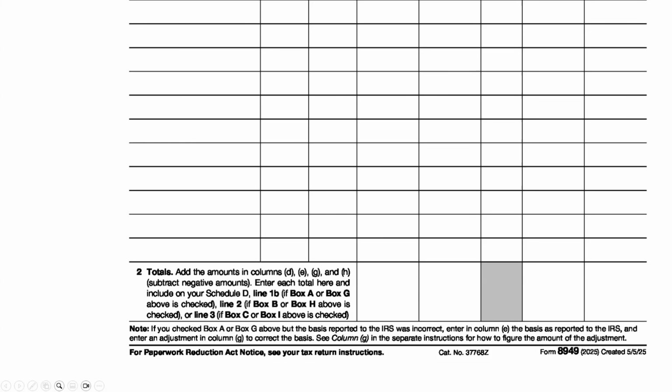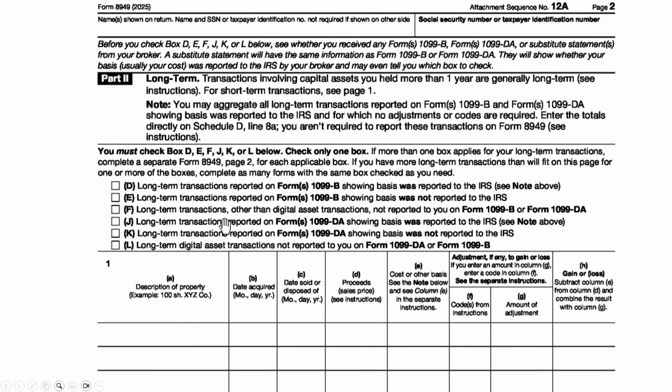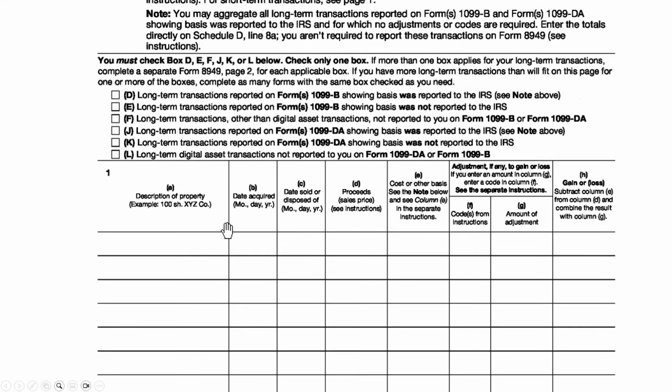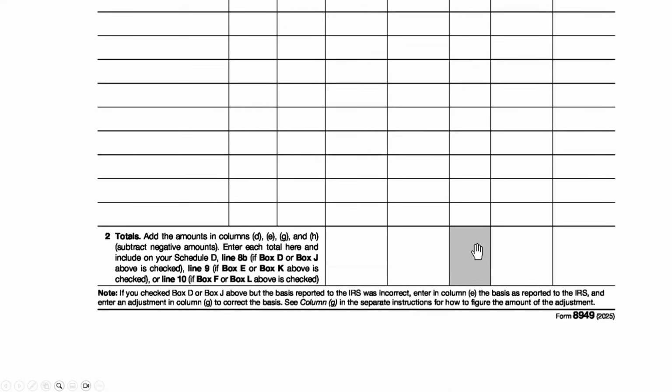Then you'll go to page 2, which shows your long-term gains or losses. So you're going to have the same boxes here, except that it's for long-term transactions instead of short-term transactions. Once again, you're only going to check one box. Then you are again going to show all of the same things: the description of the property, the dates, the amounts, which comes up with your gain or loss.